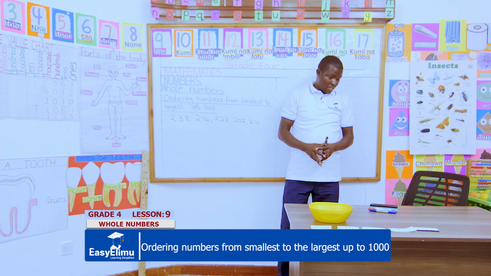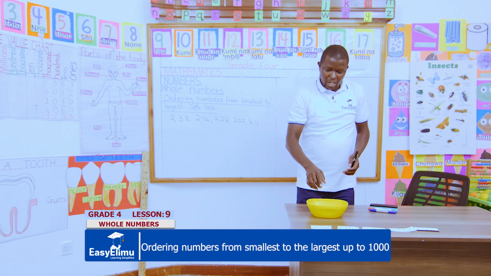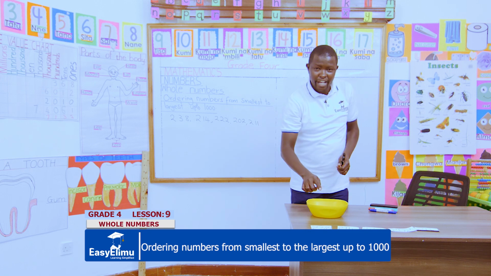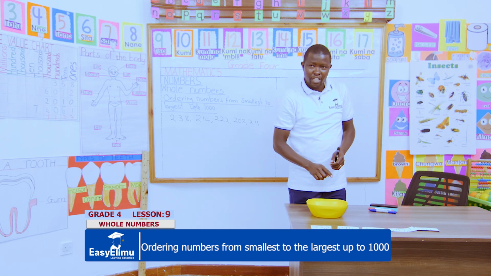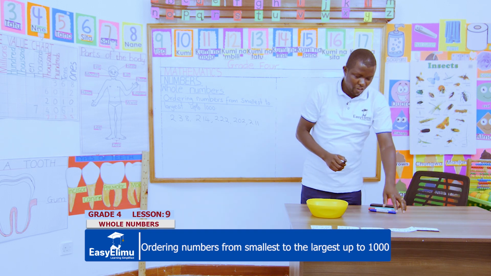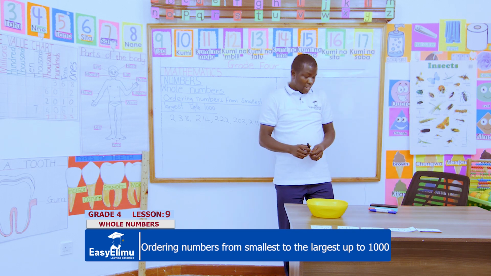Now, in our groups, can we read them together? Because we learned how to read them. We have 238, 214, the third one 222, the fourth one 202, and the last one is 211.